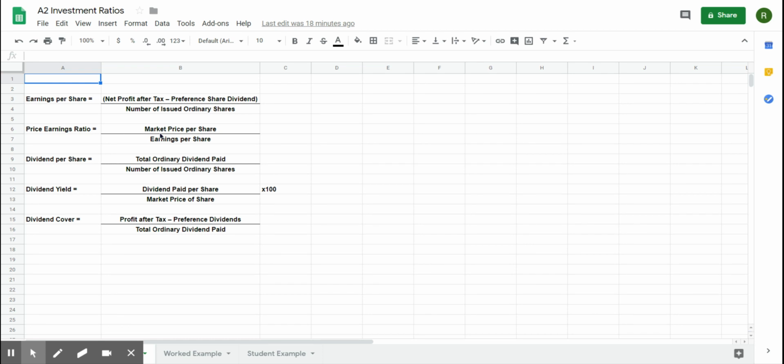What's more useful, because market prices of shares obviously vary very widely, is the price earnings ratio, commonly called the PE ratio, and that's the market price of a share divided by the earnings per share. For example, if that's 8.33, that would mean that you'd have to wait 8.3 years for the amount of earnings being made per share to equate to the current price of the share. Ordinarily, you'd want this ratio to be as low as possible, because that means you're getting enough profit to pay for the share quickly.